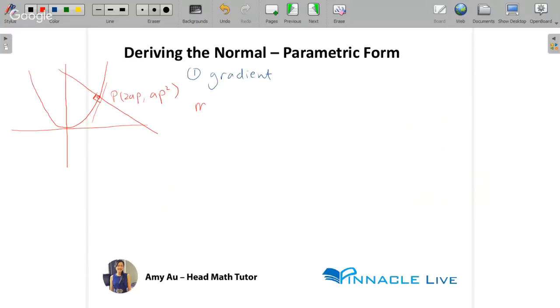Well, we already have the gradient of the tangent from before, right? The gradient of the tangent was p. Then the gradient of the normal should be the negative reciprocal of the gradient of the tangent because they're perpendicular, so minus 1 on p.